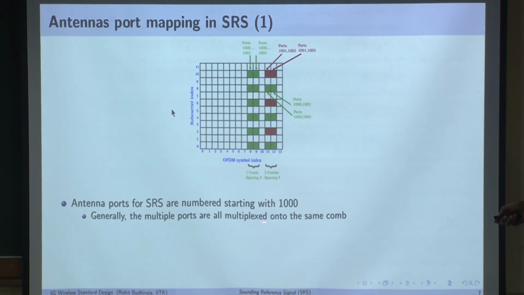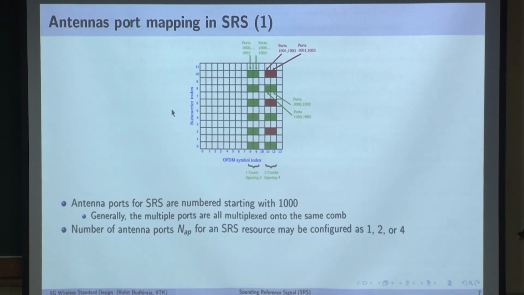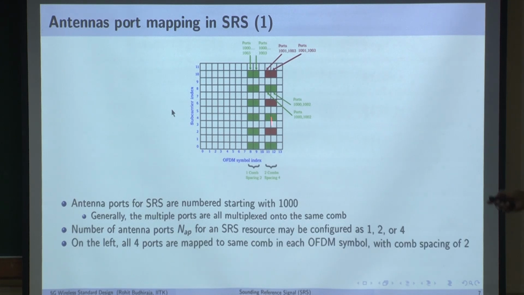So multiple ports are all multiplexed onto the same COMB, and the number of antenna ports, denoted as NAP, for an SRS resource may be configured as 1, 2 or 4, a maximum of 4 SRS ports. On the left, what have we done? All 4 ports are mapped to the same COMB in each OFDM symbol, and this COMB has a comb spacing of 2.